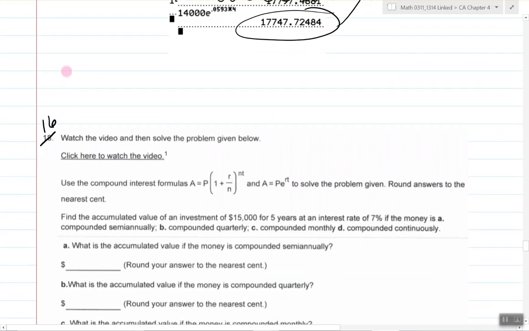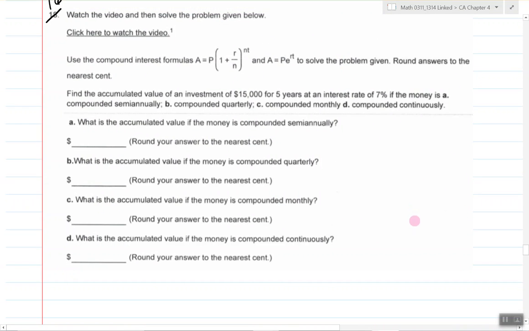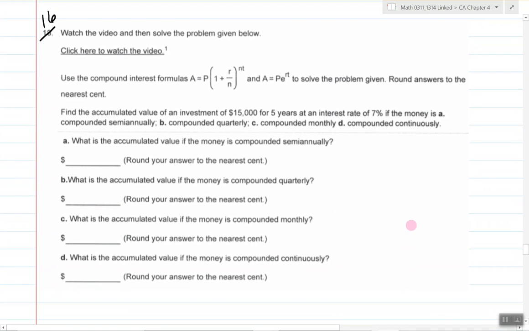All right, let's look at number 16. Number 16, I'm going to use my calculator and I'm going to shortcut things just a little bit. In this one, I'll read the whole question. There is a video you can watch. Use the compound interest formula and the continuous compounding formula to solve the problem, round to the nearest cent. Find the accumulated value. That is the future value.